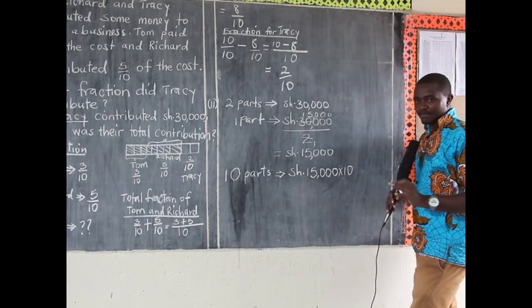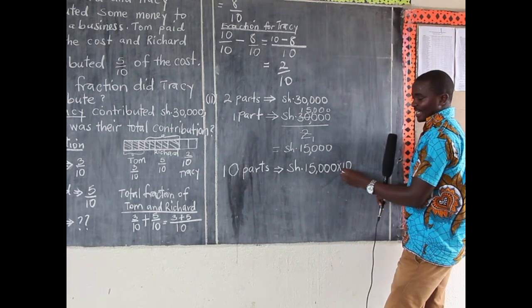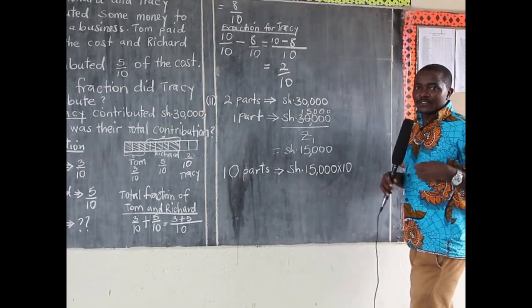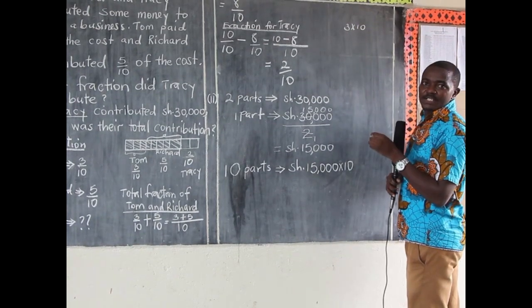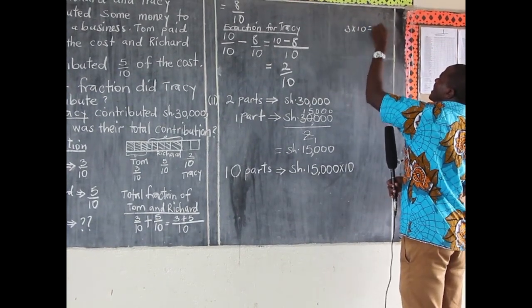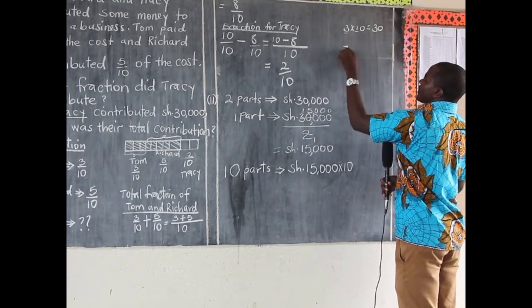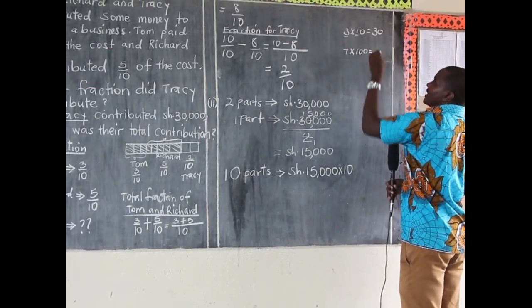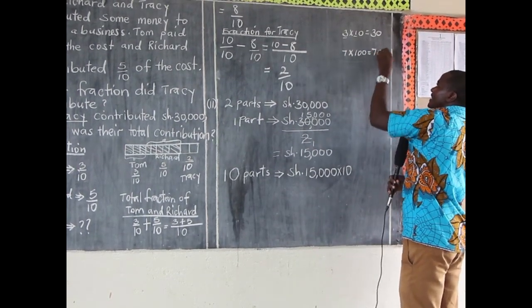We are going to apply simple mathematics here. Let us have the following examples. When you have 3 times 10, what is the answer? Very good. This is 30. 3 times 1 is 3. You just add a 0. When you have 7 times 100, what do you get? 700.